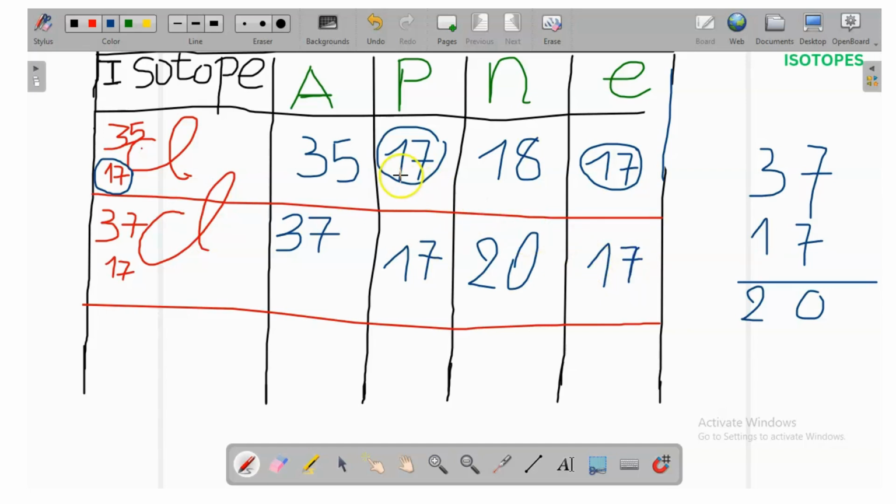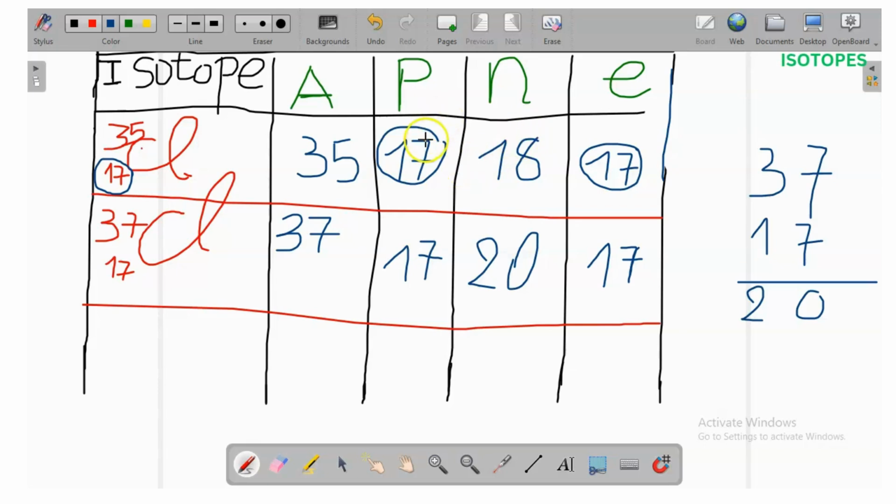As you see in this table, in the mass number column, these are two isotopes of chlorine. One has mass number 35, another has mass number 37. The masses are different. In the column of protons, the number of protons of isotope number 1 is equal to the number of protons of isotope number 2.